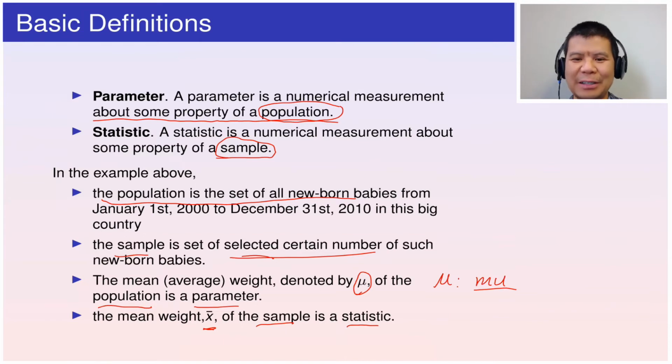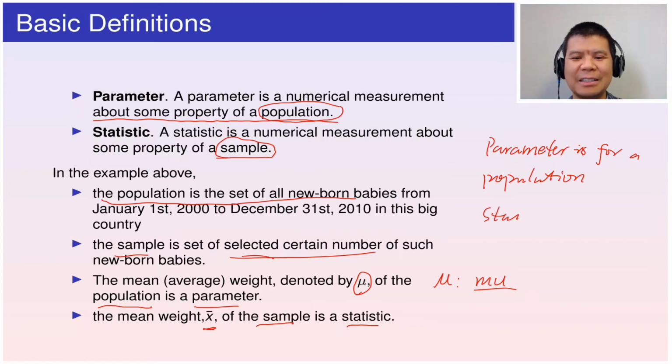A parameter is for a population, and a statistic is for a sample.